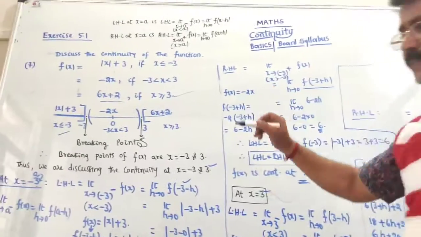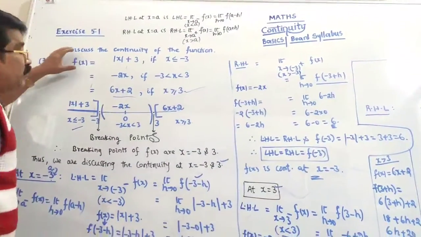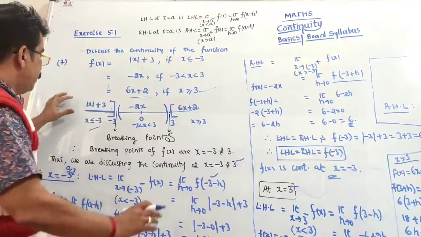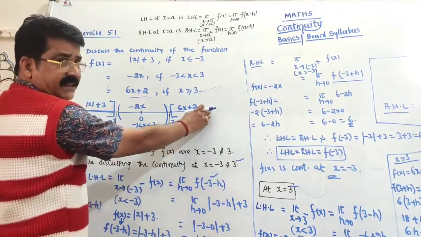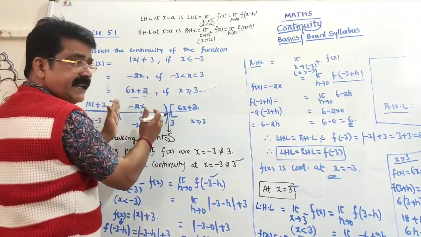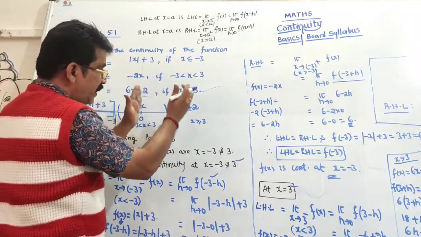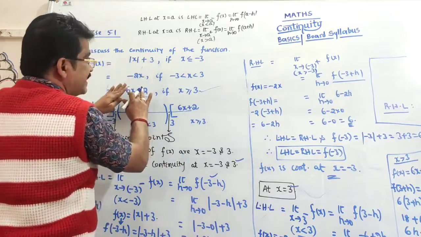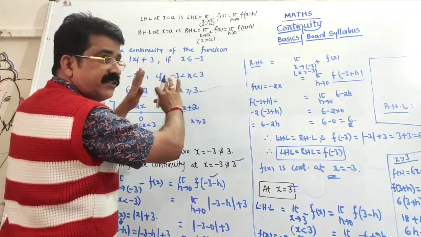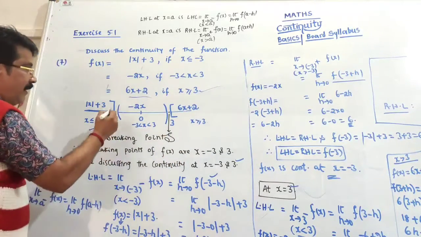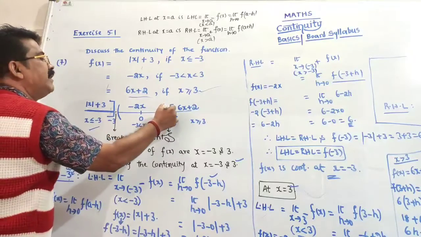Once again, you come here. Soon after reading the question, you draw the real line like that. In which area it is defined as so and so, in this area it is defined as so and so, in this area it is defined as so and so. So how many cases are there? Three. It is not a criterion; for all cases you draw like that and find the breaking points.